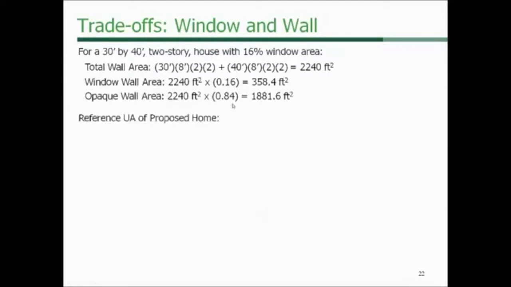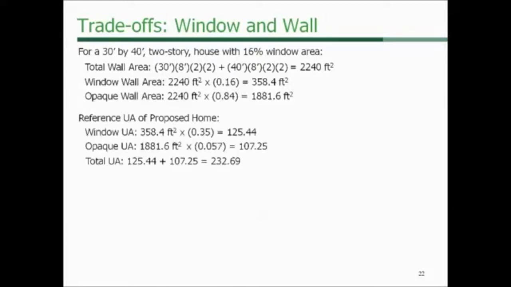So this is the reference UA, right out of the table. Basically, this is how much UA can I use. We get that window area times the 0.35, which is from the table, saying this is the maximum you could use, which is 125.